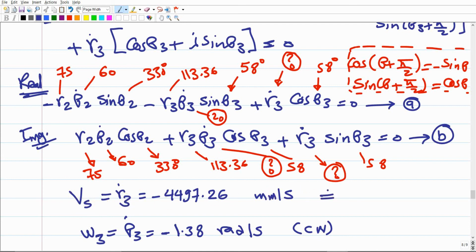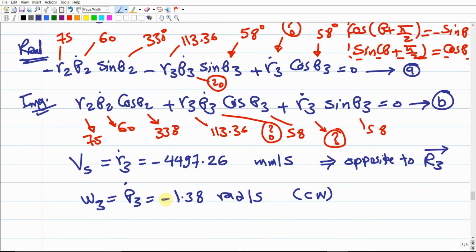So negative, it means that it should be opposite to the R3 direction. It should be going against the R3 direction. Make sense? So this is for these two unknowns, and this is for the velocity analysis.